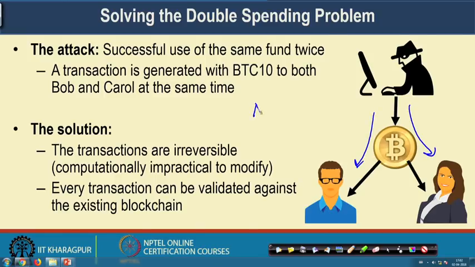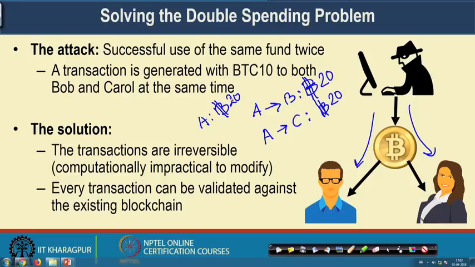The attacker can launch a transaction to B with, say, 20 Bitcoin, and then launch another transaction to C with the same 20 Bitcoin, while the attacker has only 20 Bitcoin. This kind of attack is known as the double spending attack in the digital currency literature.